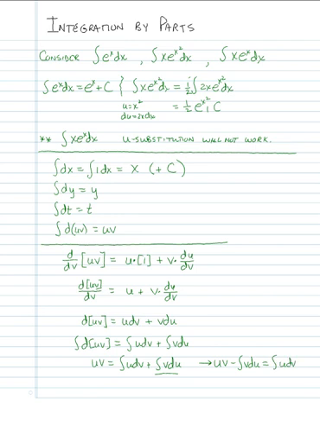And that's really what I want to write down here, except with the integral of u dv on the left side. The integral of u dv is equal to uv minus the integral of v du. This is something you need to become very familiar with, this little formula, if you will.